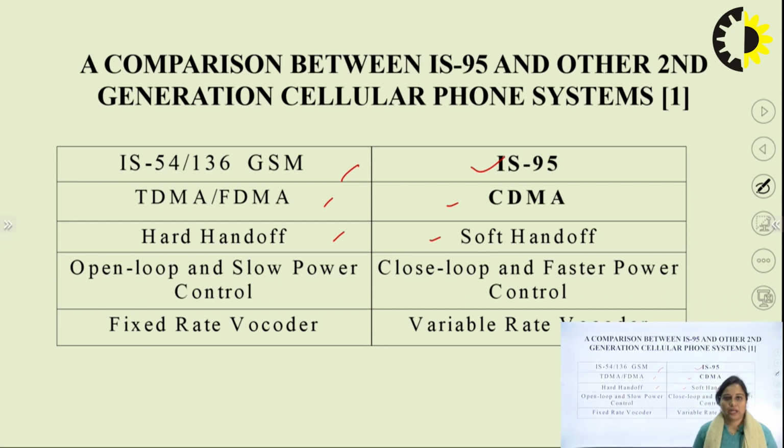Whenever a mobile phone is moving from one cell to another cell, the control signals must be transferred from one base station to another base station, which is known as handoff. There are two types of handoff: first is hard and another is soft handoff. Next, GSM uses an open loop and slow power control technique, while IS-95 uses a closed loop and fast power control technique. GSM uses a fixed rate vocoder, and IS-95 uses a variable rate vocoder.